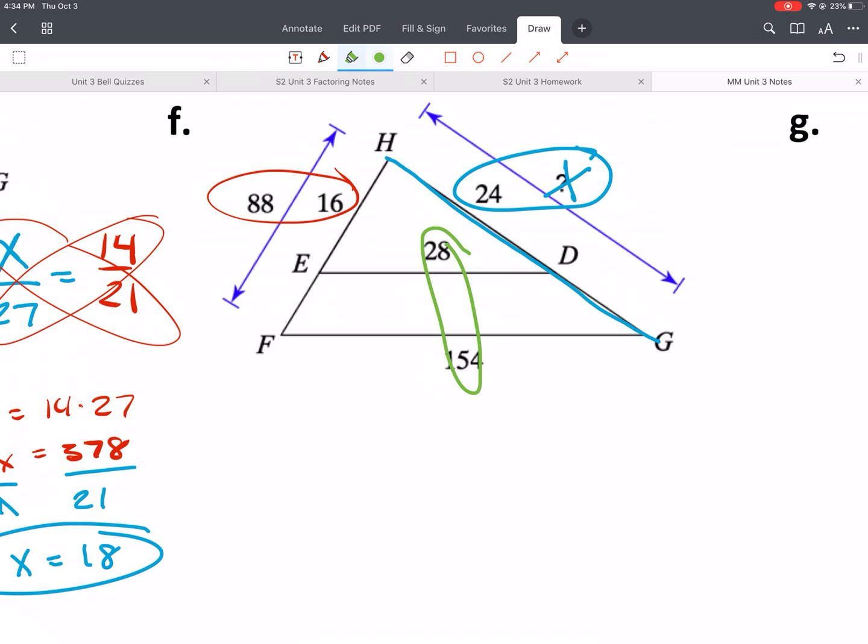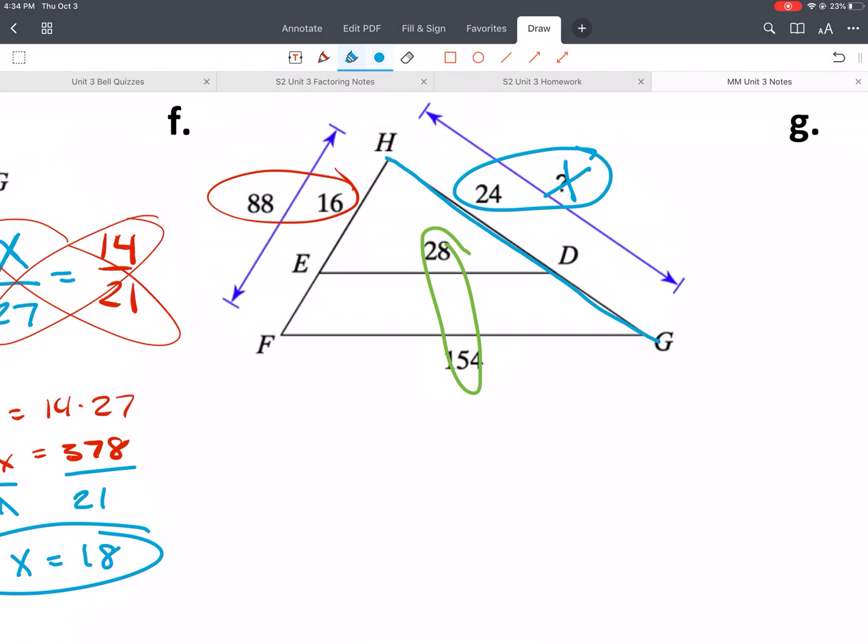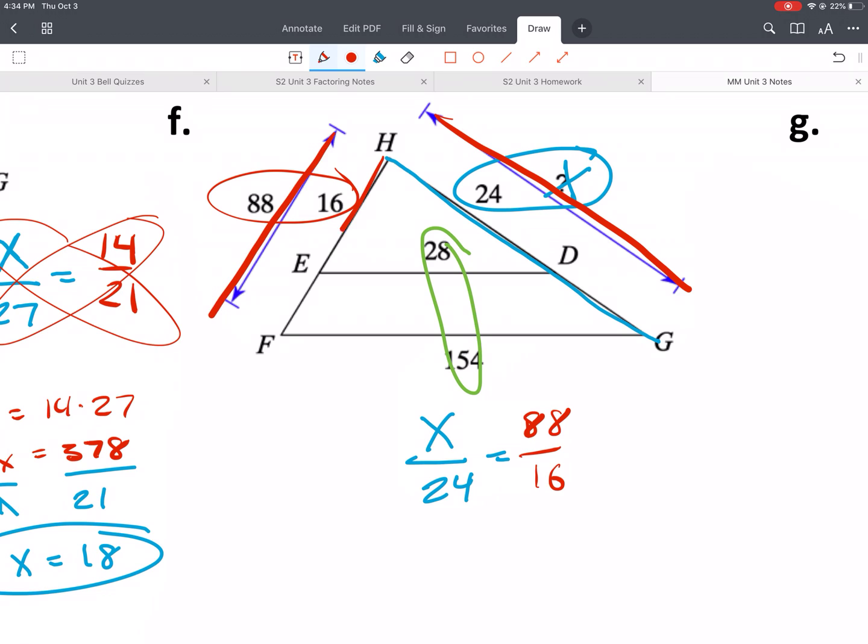So let's just use the red. Okay, so we'll do x over its corresponding side, which is 24, is equal to 88 over 16. Okay, so if we're using big triangle over small triangle, we need to do big over small.